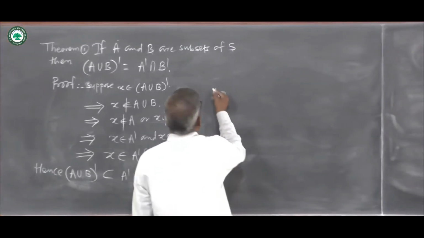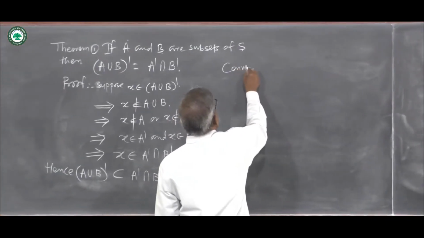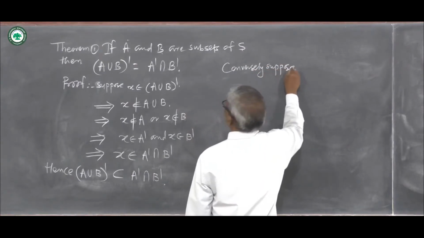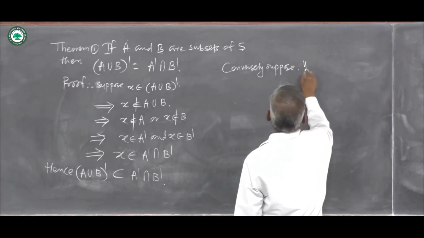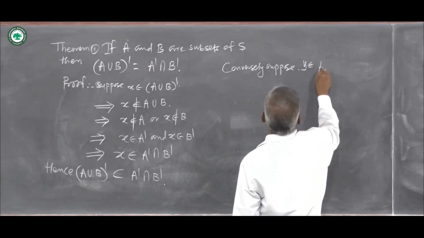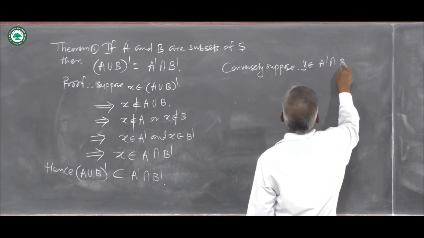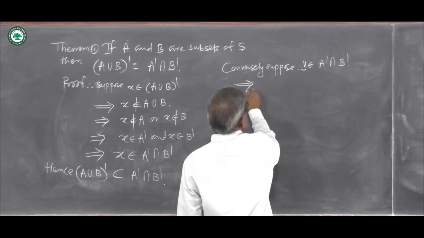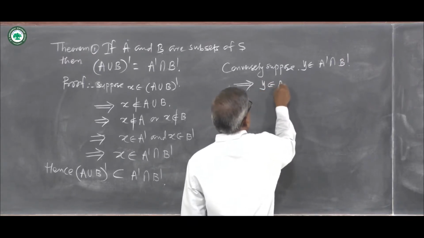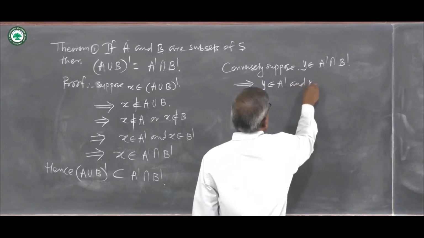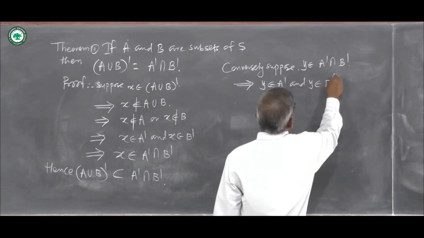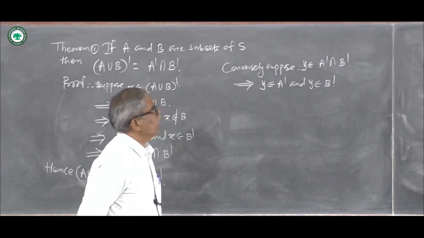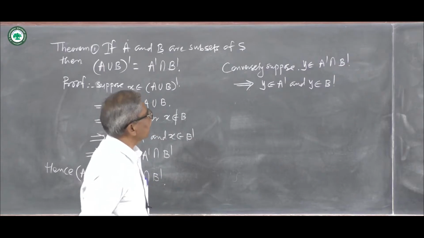Conversely, suppose y is an element of A' intersection B'. This implies y belongs to A' and y belongs to B'.